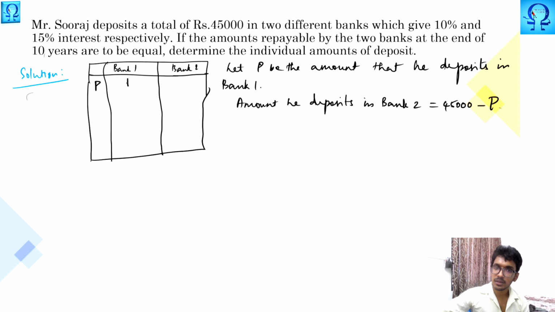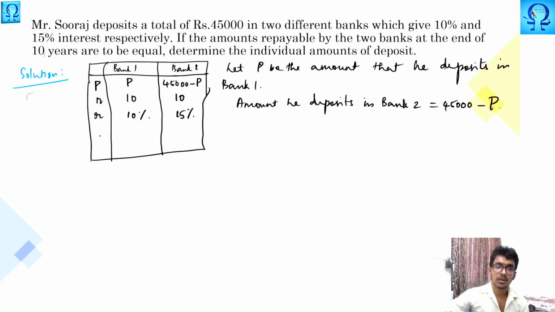In bank 1 we have taken P, and in bank 2 it is 45,000 minus P. In both cases, what is the number of years? 10 years. What is the rate of interest in both cases? Bank 1 gives him 10% and bank 2 gives him 15%.